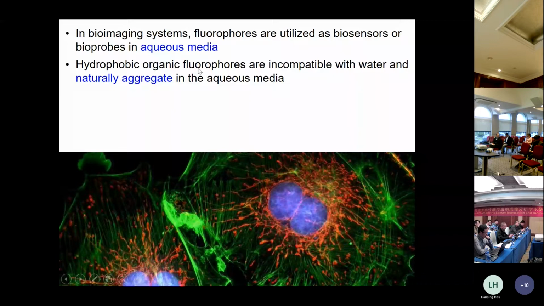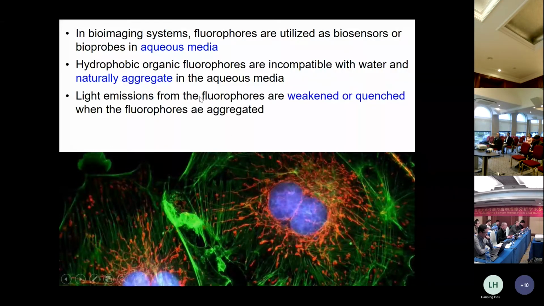Similarly, these hydrophobic fluorophores will naturally aggregate when you put them into the aqueous medium. The problem is that when the aggregate is formed, the light emission from the fluorophores is often weakened and sometimes completely quenched.